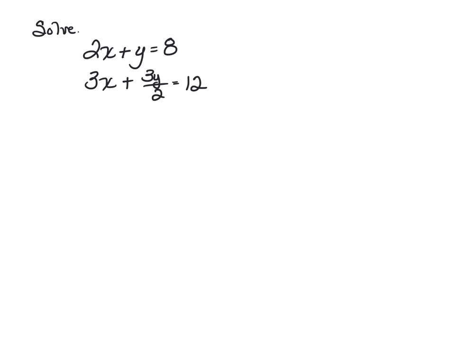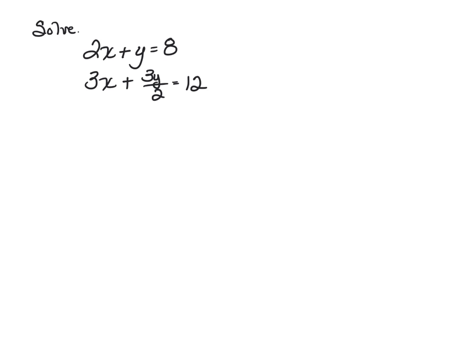Okay. For our next example, we're asked to solve the system of equations 2x plus y equals 8 and 3x plus 3y over 2 equals 12. And of course, you can think about which variable you want to eliminate.